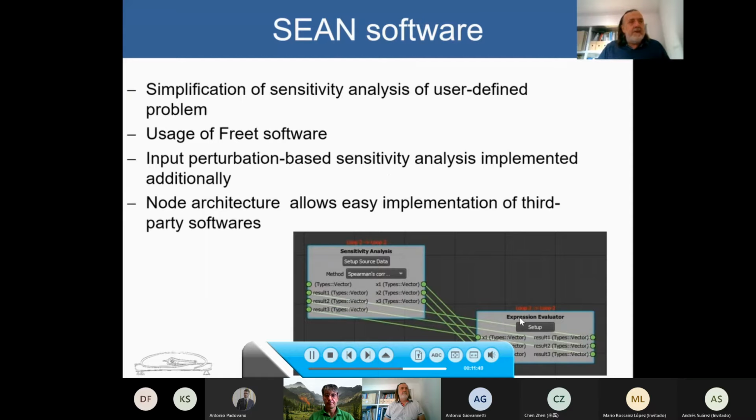This is described in the paper. And the main advantage is that this software has node architecture which allows easy implementation of third-party software, which is sketched, let's say, schematically in this picture.